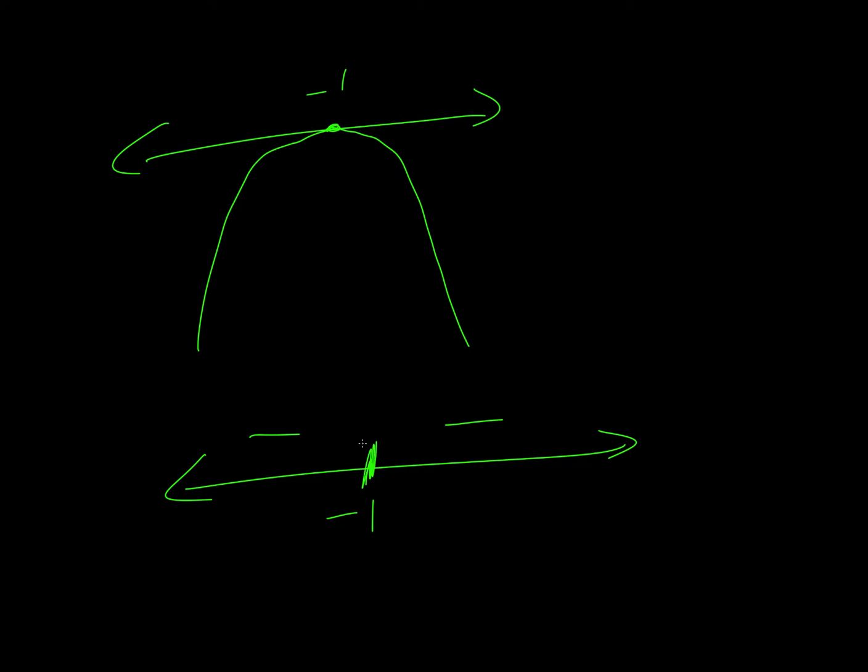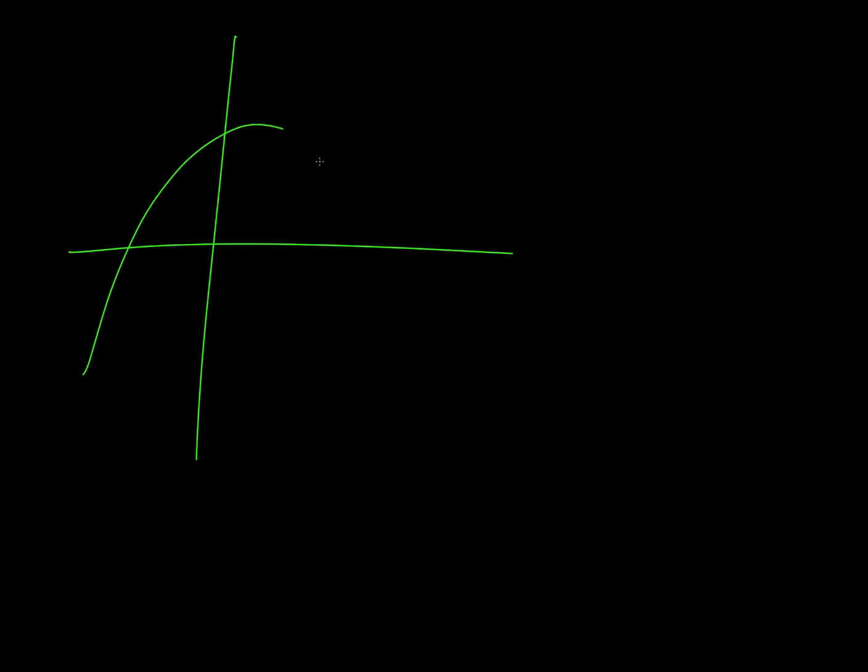Okay. So let's just do a couple examples, and I think you'll catch on. Okay, so we're given this, and we're asked to draw a sign diagram. So this crosses at 5, this crosses at -3.